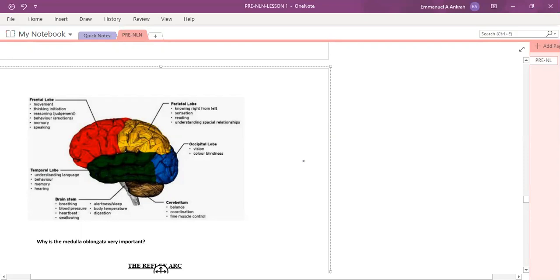I asked the question, why is the medulla oblongata very important? It's important because it is the cardiorespiratory center. Very important. If you forget everything, at least don't forget the function of the medulla oblongata. Cardiorespiratory center. It controls the heart rate and the respiratory rate.